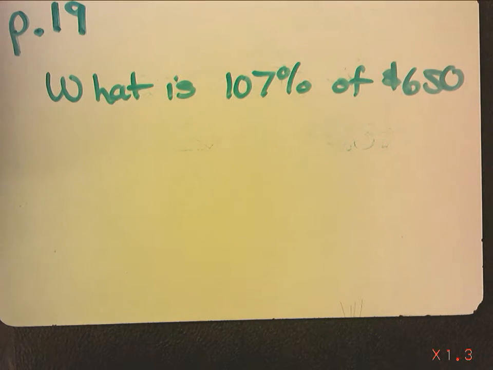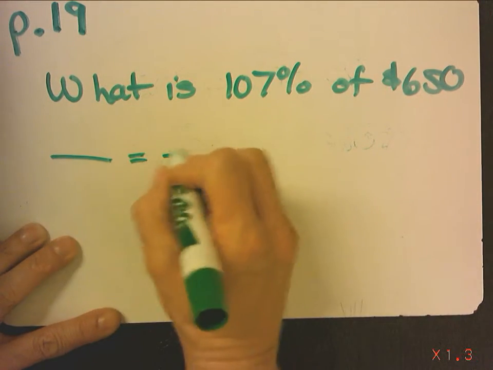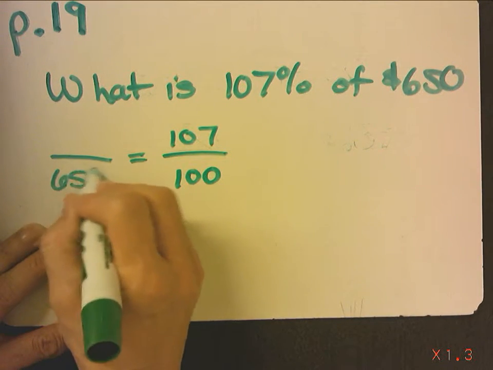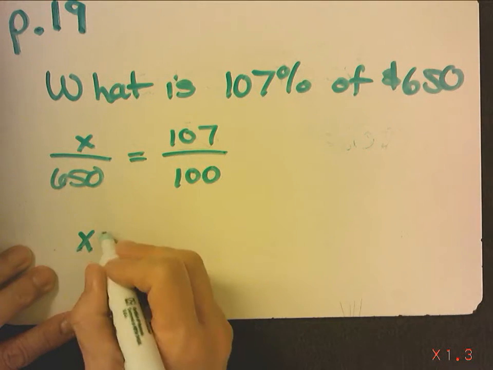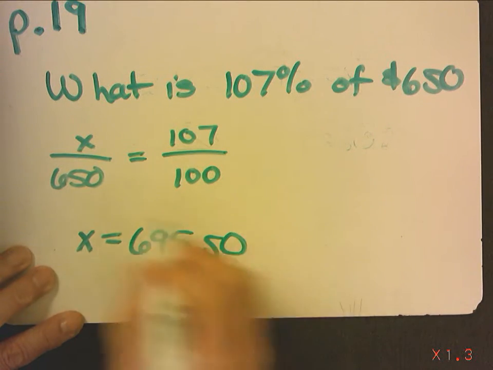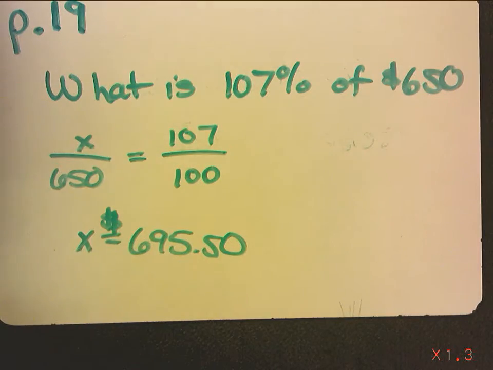So you're not really paying 100%, you're paying 107%. So you could do a percent proportion that looks like this, except this time when you find X, it goes straight to the total amount you owe. It doesn't break out the sales tax and you don't have to add it. You get your answer right away.